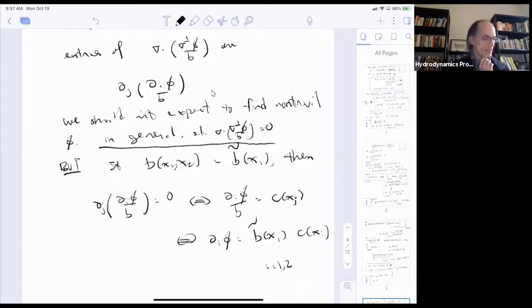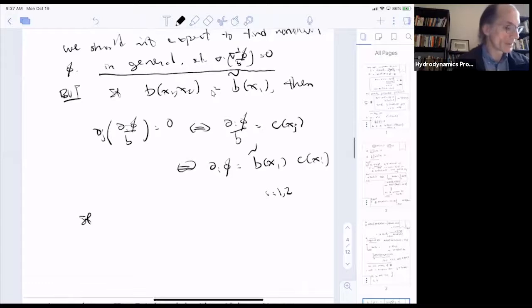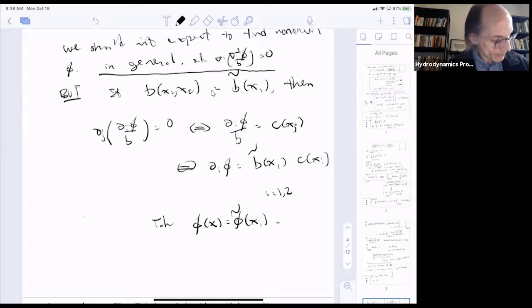And I think I can do this if, so it should be okay. So this will be true if I just take phi to be the antiderivative of b of x1.